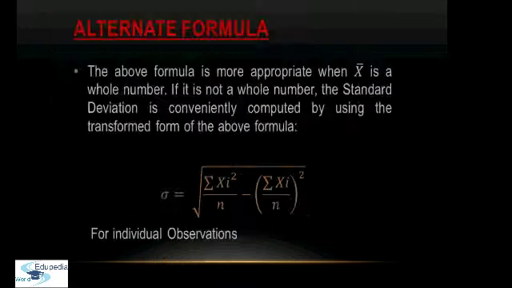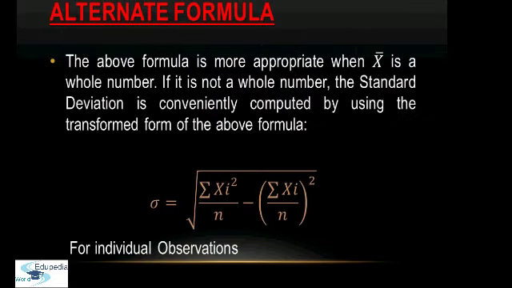We also have an alternate formula, which is more suitable when the arithmetic mean, the central tendency value, is not a whole number. The above formula which we had seen is more suitable when the arithmetic mean is a whole number.